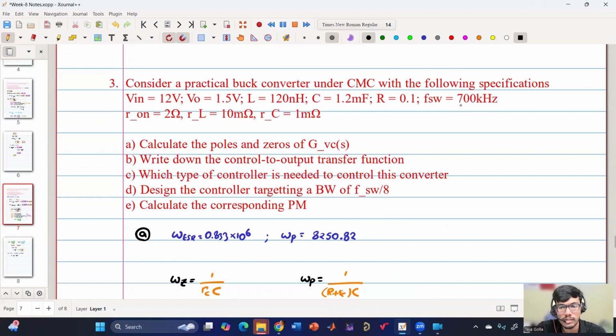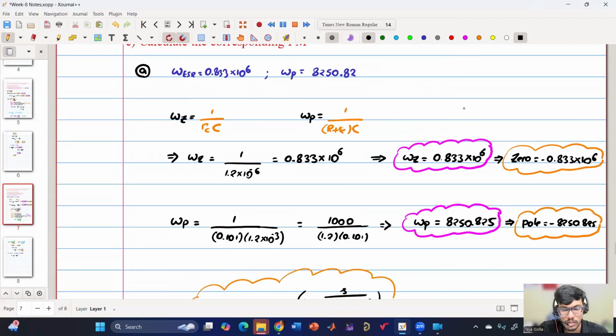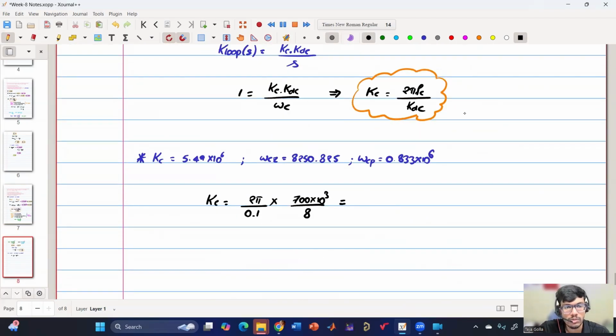Is that clear? Yes, sir. So if I write also 10 to the power minus 6, I'm getting 0.549 into 10 to the power 6. Can anyone please confirm?